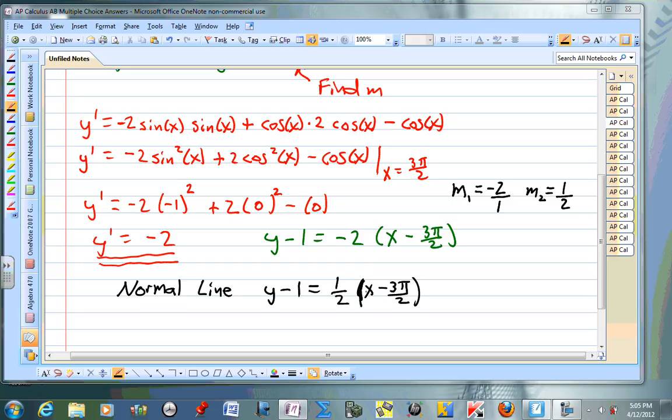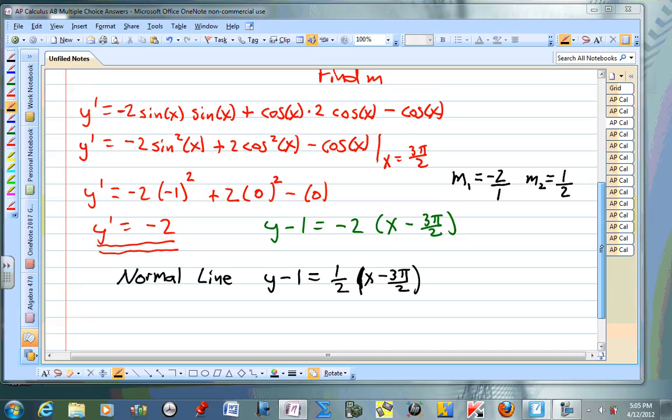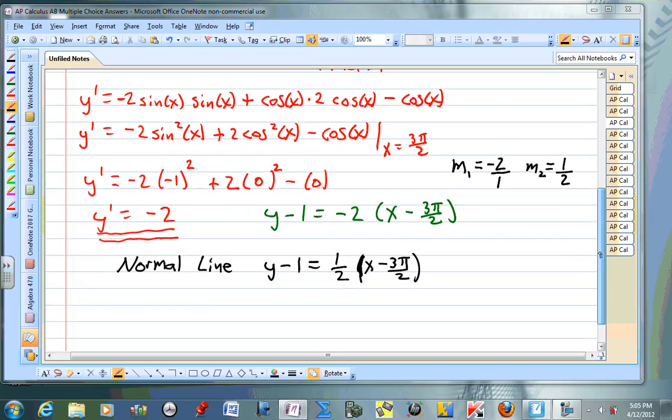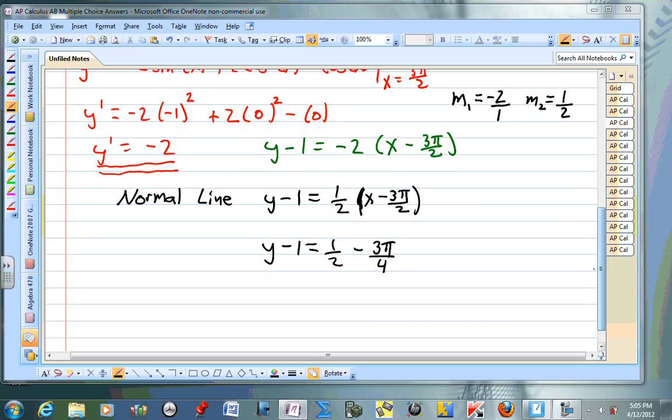Unfortunately, this doesn't match the answers listed because they all have y by themselves. So we're going to have to distribute and get y by itself. All right, we're not scared. Y minus 1 is going to equal 1/2 x minus half of 3 pi over 2, which is 3 pi over 4.